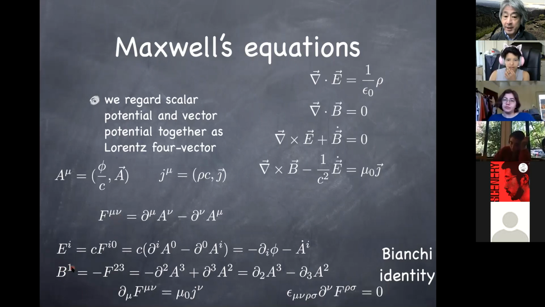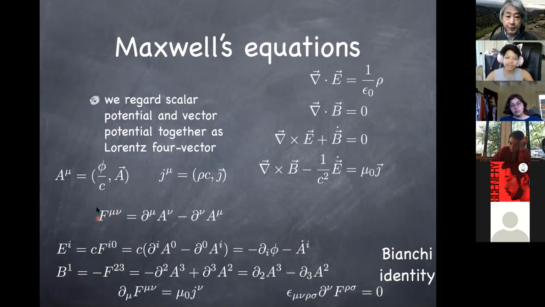And By, or B2, corresponds to minus F31. B3, the Z component of the magnetic field, corresponds to minus F12. Okay, and what is F? F is this, F mu nu, given by this curl of A with this Lorentz invariant notation. Okay. Is that okay? Thank you.